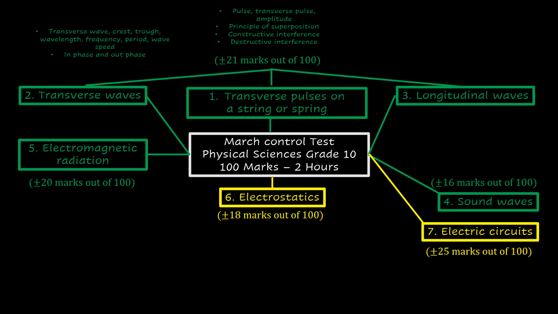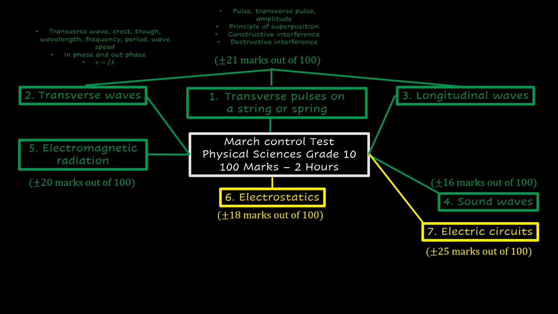You also need to explain what we mean when we say points on a wave are in phase or out of phase with each other. Additionally, if you're given a diagram of a transverse wave, you need to be able to identify two or more points that are in phase or out of phase. That is very important.